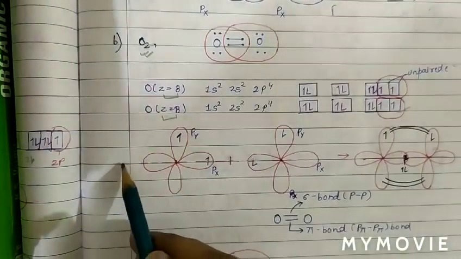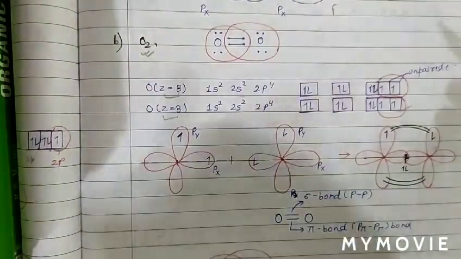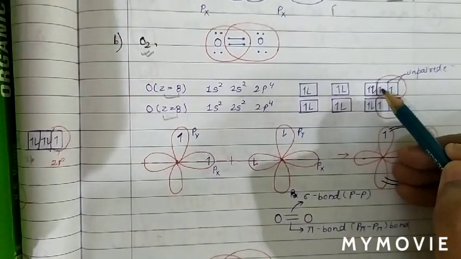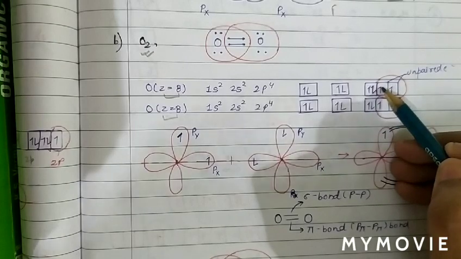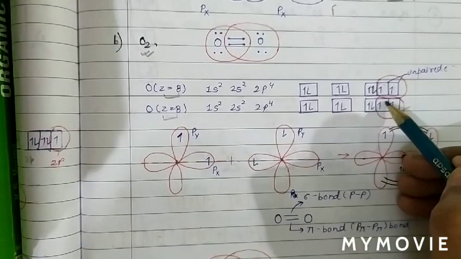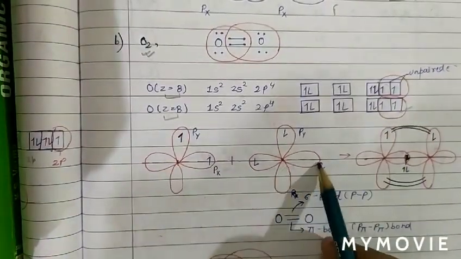We are considering the x-axis as the internuclear axis. Suppose the unpaired electron is present in the px orbital, and the other atom's unpaired electron is also in its px orbital.